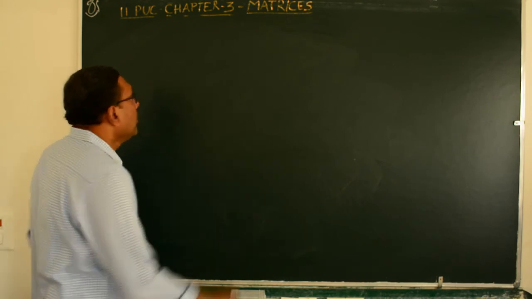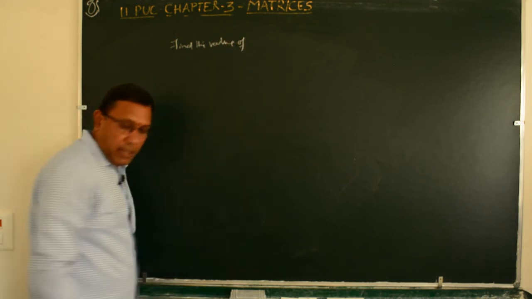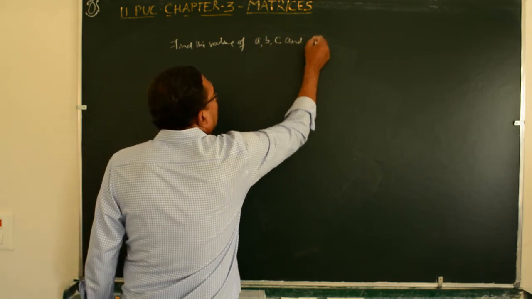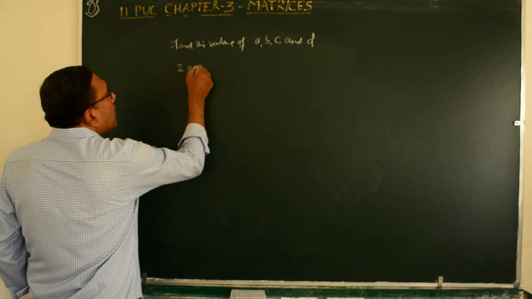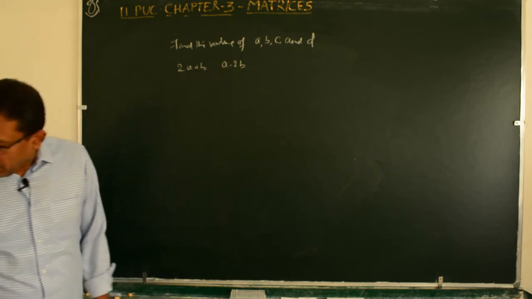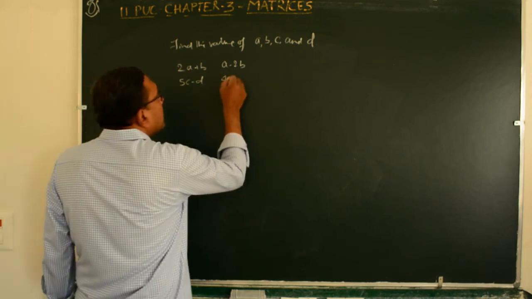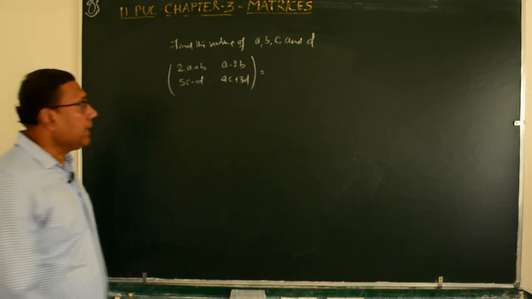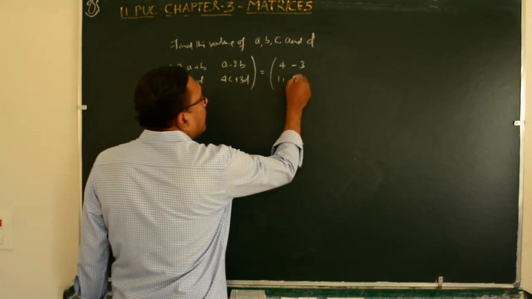Find the values of a, b, c and d using two identical matrices like: 2a plus b, a minus 2b, 5c minus d, and 4c plus 3d, which is equal to the identical matrix 4, minus 3, 11, 24.